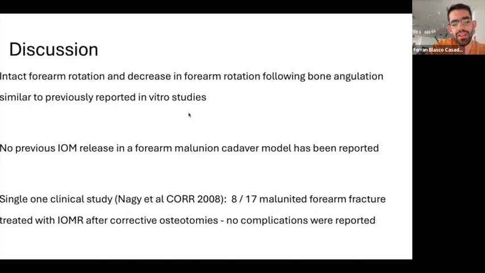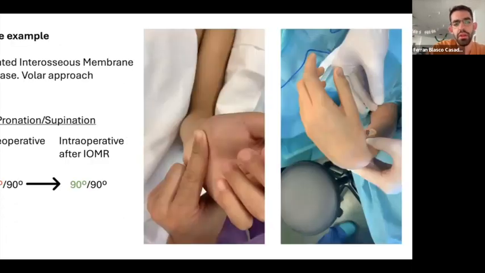There is only one single clinical study, performed by Nagy et al. in 2008, in which they were treating malunited forearm fractures. They first performed corrective osteotomies, and afterwards, if the rotation of the forearm was not enough, they performed the interosseous membrane release. And they didn't find any complications in terms of pain, synostosis, or instability of the distal radioulnar joint.